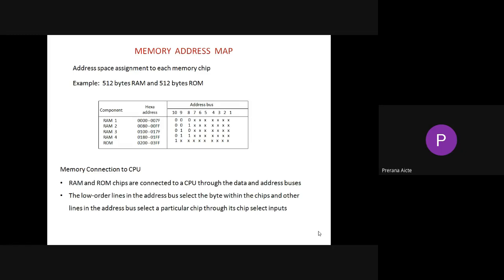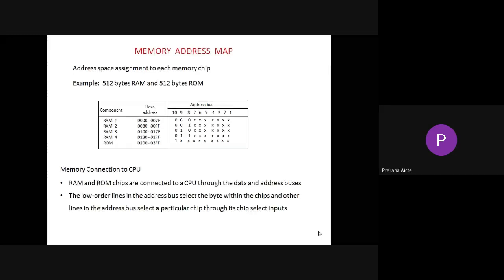Each RAM receives the 7 low order bits of the address bus to select one of the 128 possible bytes. The particular RAM chip is selected from lines 8 and 9 in the address bus. This is done through a 2 by 4 decoder whose output goes into the chip select input in each RAM chip.